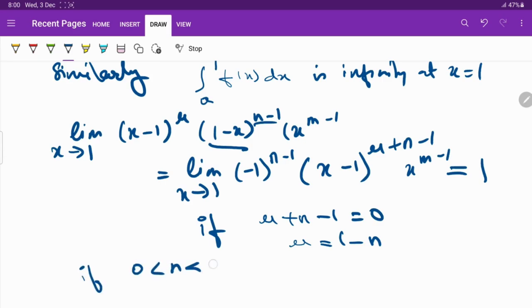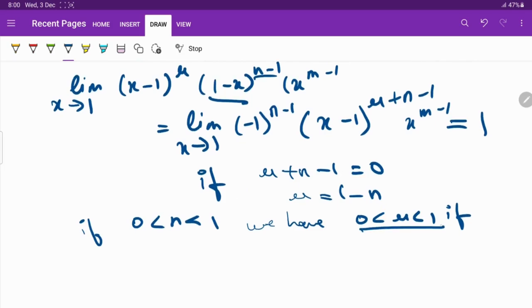If my n lies between 0 and 1, we have my mu also lies between 0 and 1, because if I take n to be 0, mu is going to be 1. When my n is 1, it is going to be 0. So mu is also going to lie between 0 and 1 when I put the maximum values. So for this obviously the improper integral is going to be convergent.